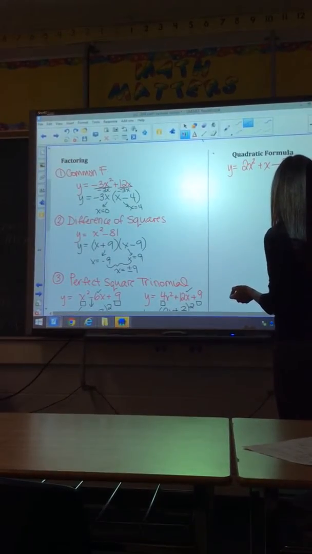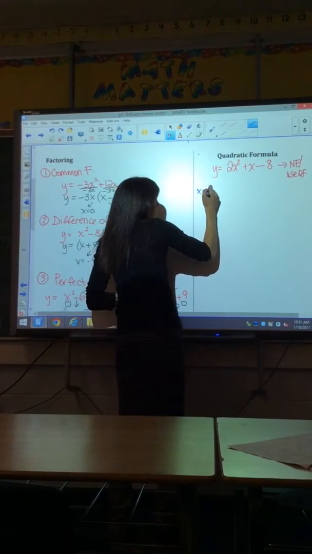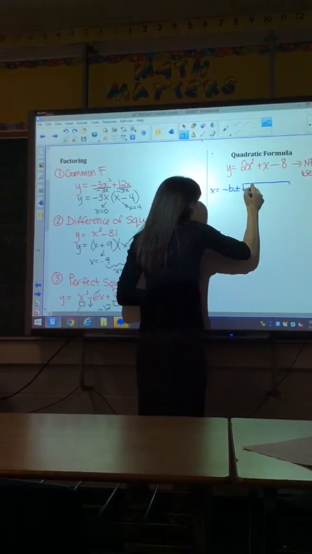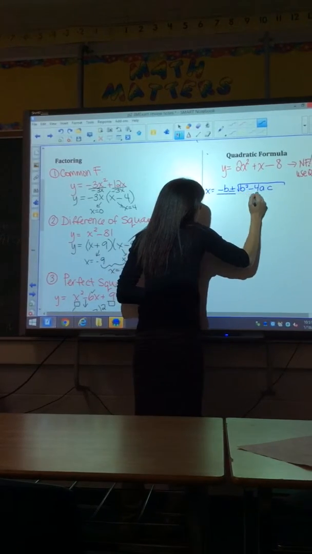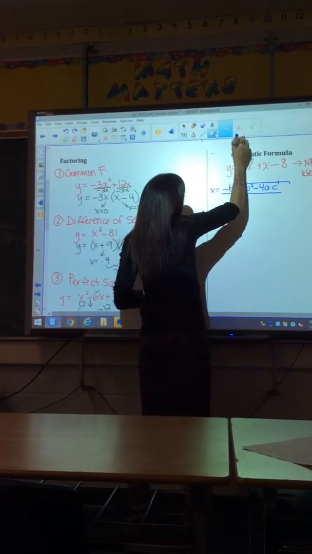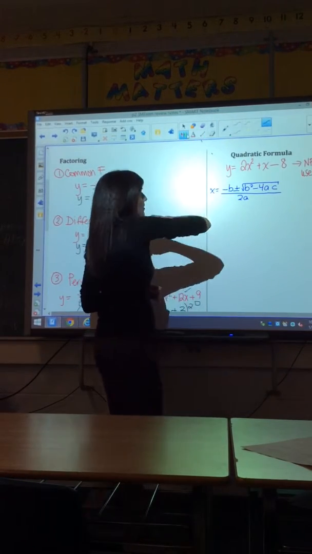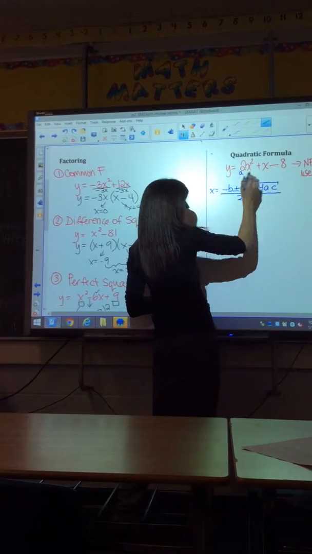Use the quadratic formula. So the quadratic formula looks like this. X equals negative b plus or minus the square root of b squared minus 4ac all over 2a. Where a, b, and c are the numbers from your equation. So in this case, my a value is 2. What's my b value?